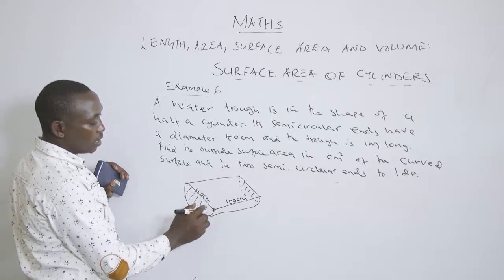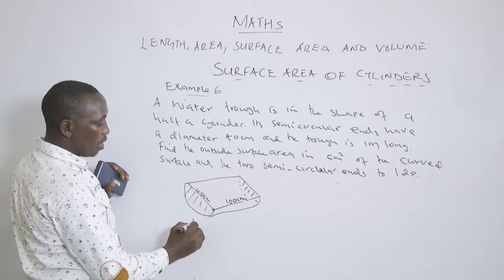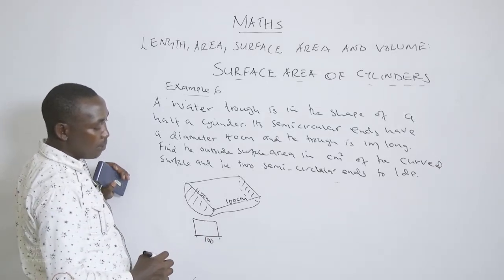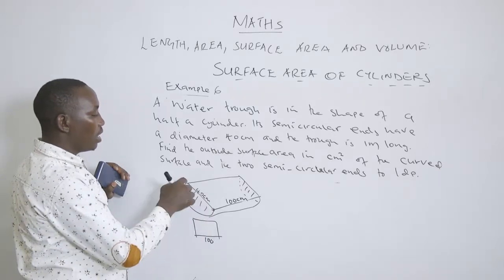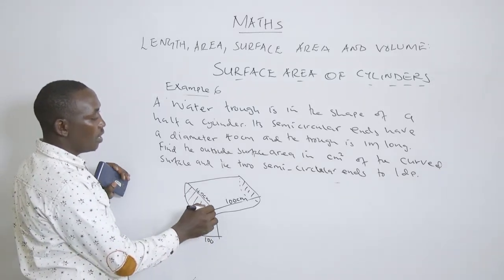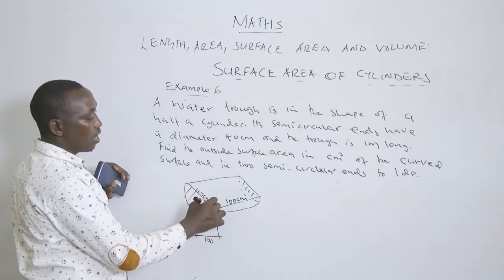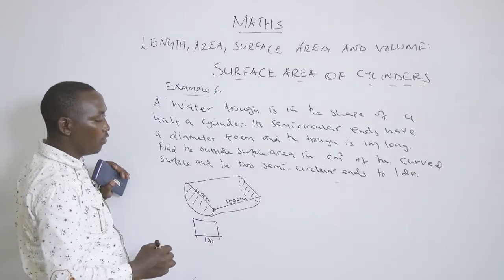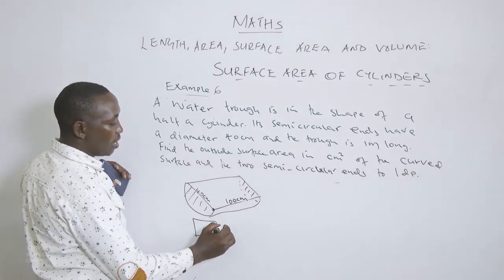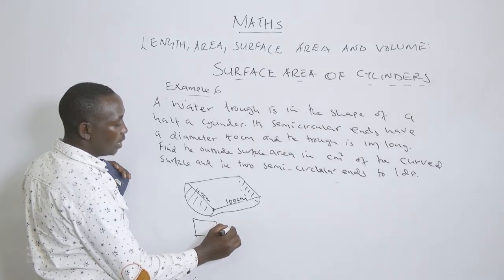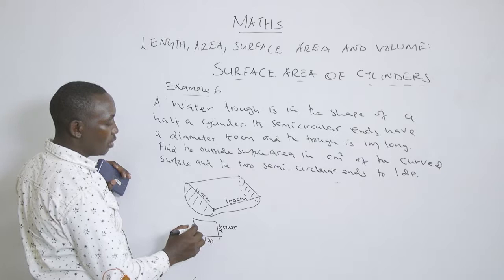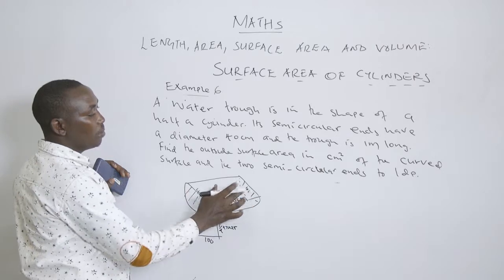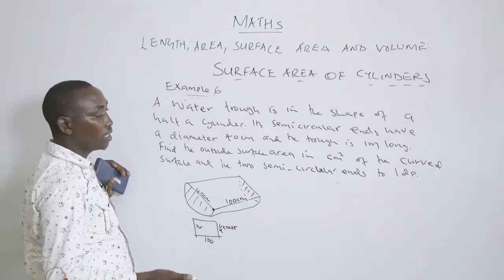When broken out, this half cylinder will give us a rectangle which still has 100 in length, and the width is going to be half the circumference of the circle with a diameter of 40. So that will be a half times pi times 2r, which is the same as pi r. Then these two semicircular parts will give us a complete circle.